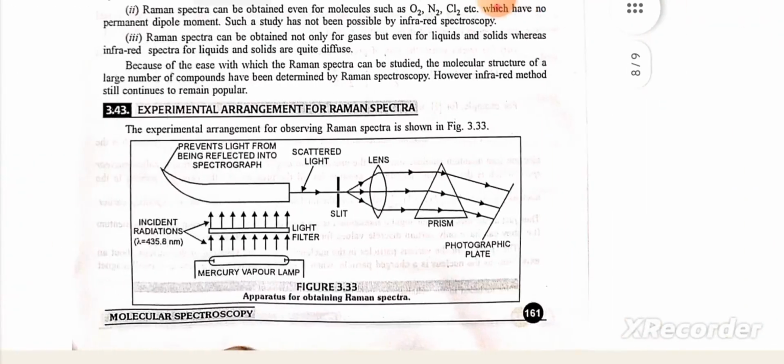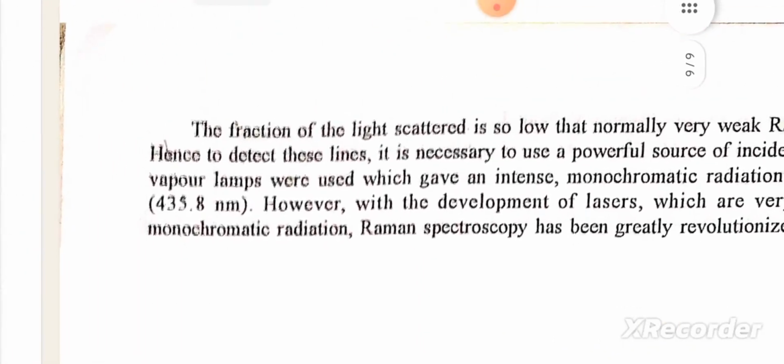In the experimental apparatus for obtaining Raman spectra, first we take a mercury vapor lamp from which light, electromagnetic radiation, will be emitted, and then it is incident on the slit, and then from the slit it falls on the concave lens and through a prism, and after that it strikes the photographic plate. On the photographic plate we may get the spectra.